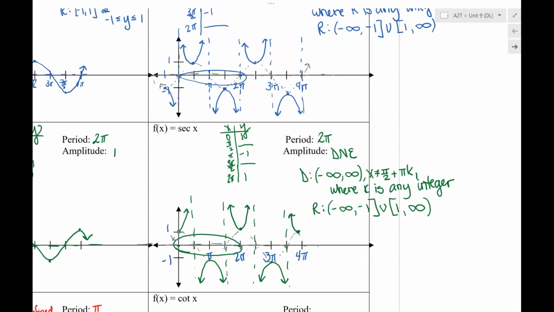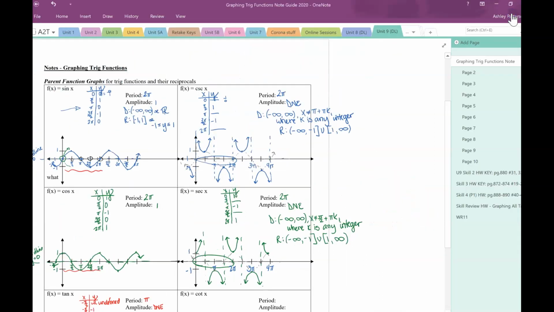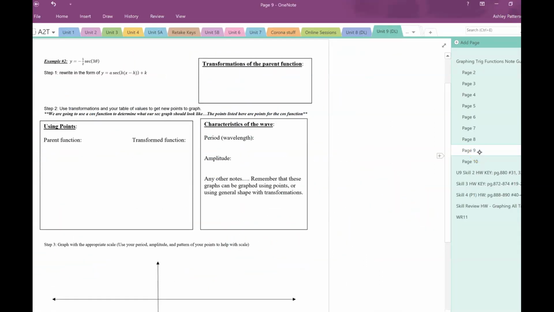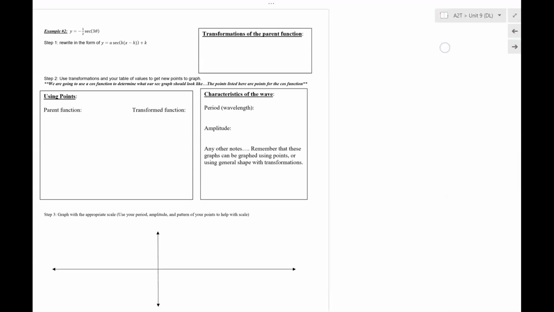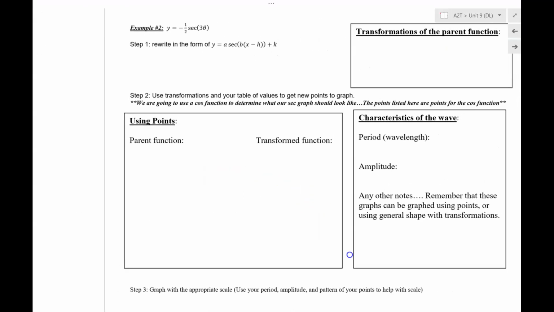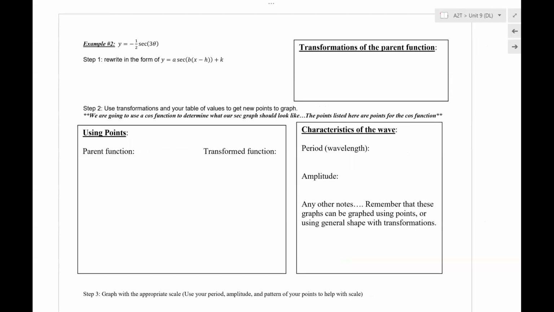Sweet. All right, so it's page 9 of your notes. We're going to transform secant so that you guys have that experience, okay? Here we do have a b value, so I'm just going to write y is equal to -1/2 secant 3 theta.